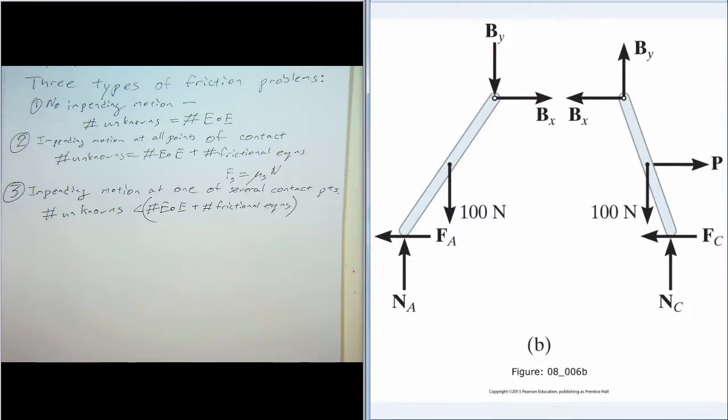So only one of those frictional equations is going to be true, and then the other frictional equation wouldn't be accurate because the frictional force will be less than the maximum value for the other point.